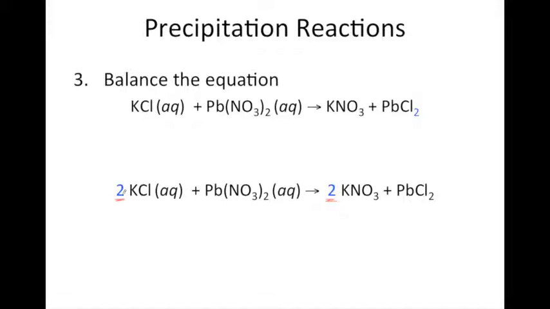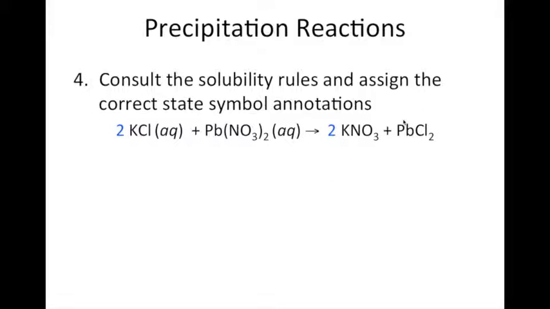So remember, when you balance in the third step, we can add coefficients. In the second step, we added subscripts to pair our cations and anions up in the correct ratio. In the fourth step, we need to consult our solubility rules and assign the correct solubility state.